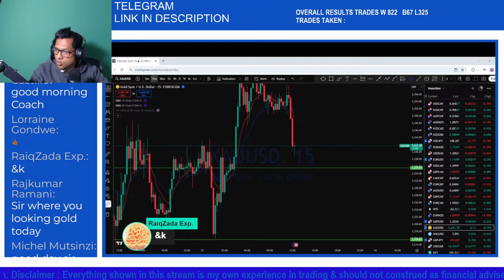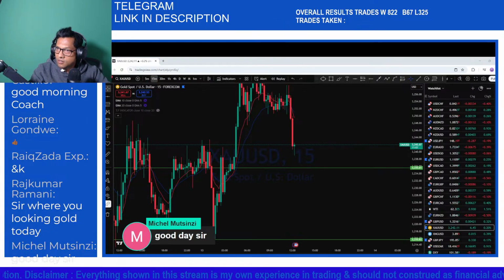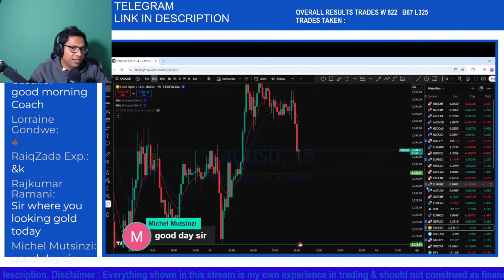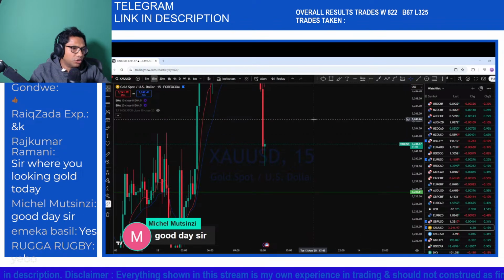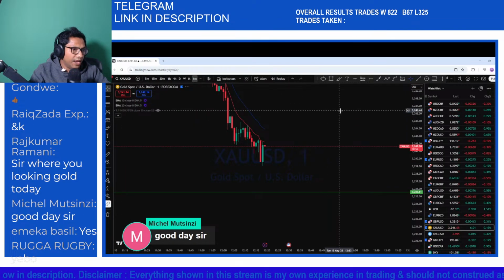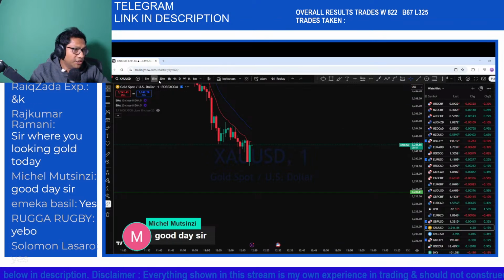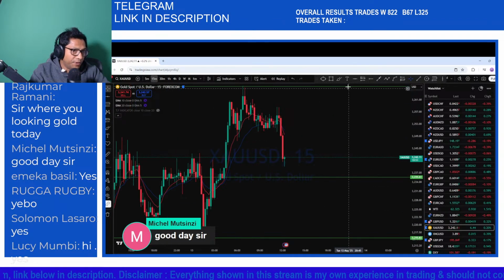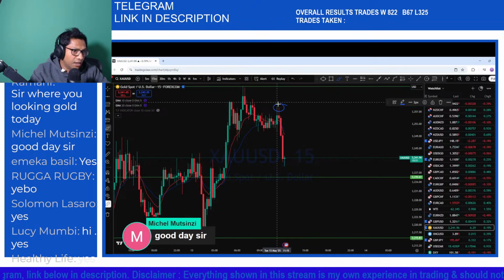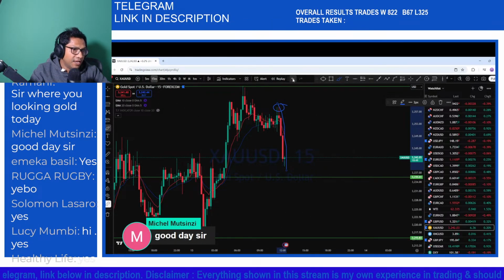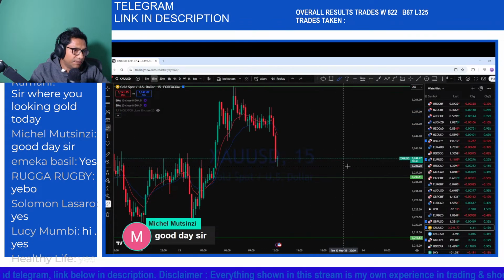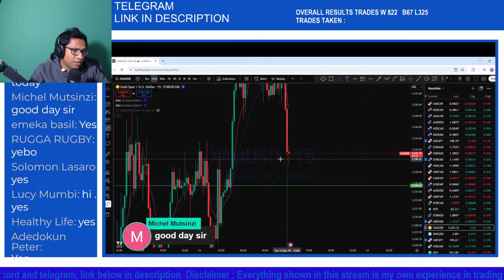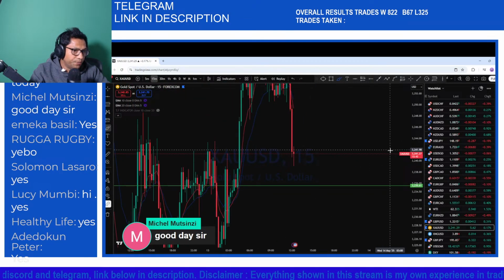So looking at gold today, you can see the market is showing a potential entry opportunity. There is a big drop here from this level, and with the drop the market has come back to this support level, and after this drop it's currently trying to pull back.